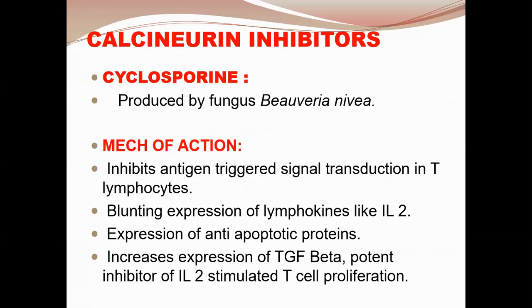It also causes blunting expression of the lymphokines like interleukin 2, and it also causes expression of anti-apoptotic proteins. It also increases the expression of TGF-beta, and is a potent inhibitor of interleukin 2 stimulated T cell proliferation. So these are all the mechanisms of action of your calcineurin inhibitors like cyclosporin.